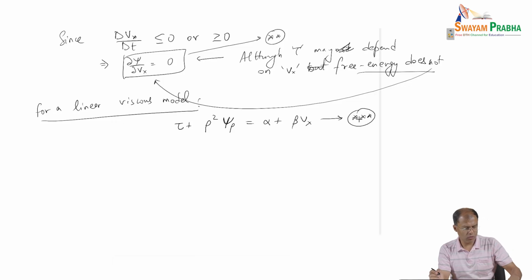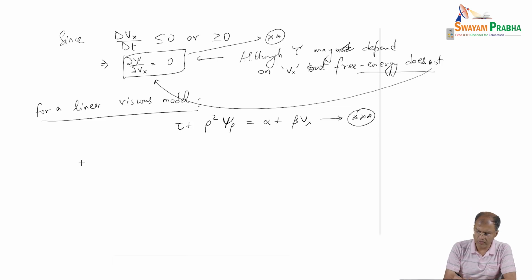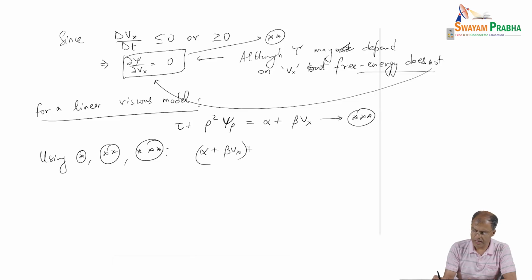Then using star, double star and triple star, we find that alpha plus beta Vx times Vx is greater than or equal to 0.